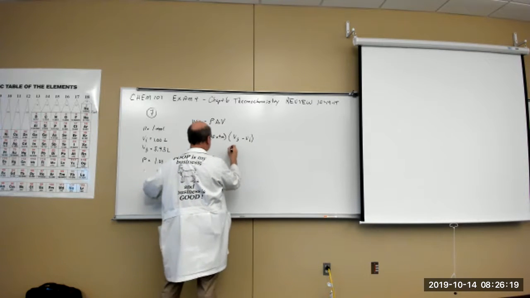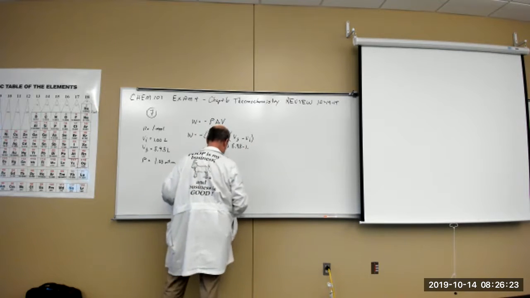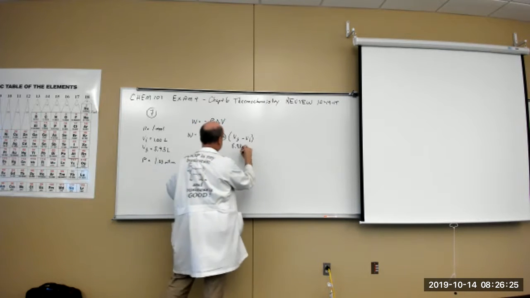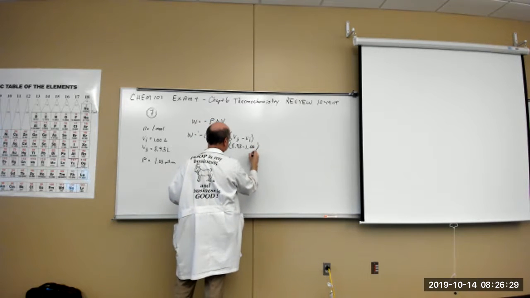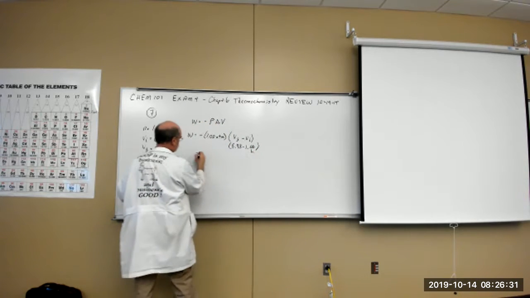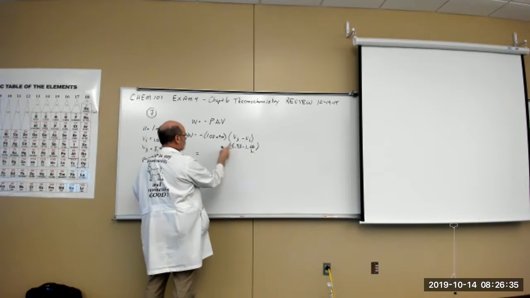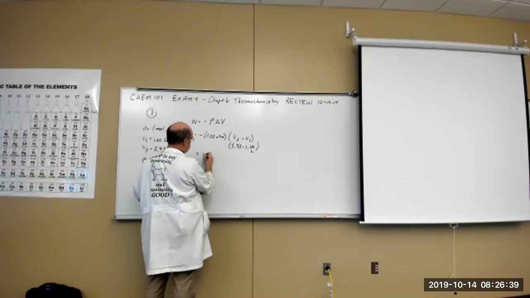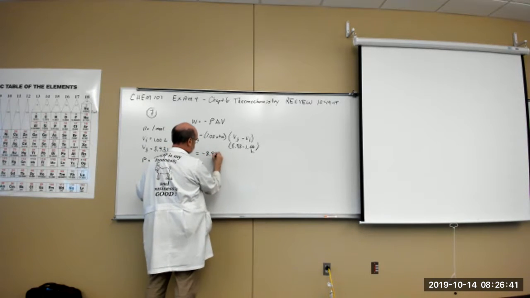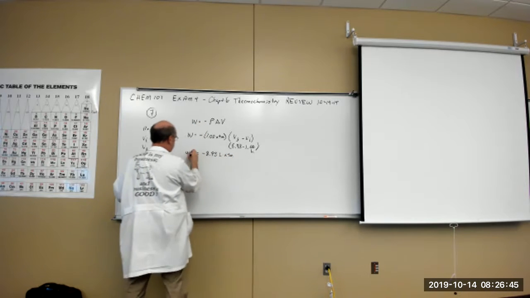So the final is 8.93, initial is 1 liter. So this is going to be a positive number. This is a positive. That makes it negative. So it's negative 8.93 liter atmospheres of work.